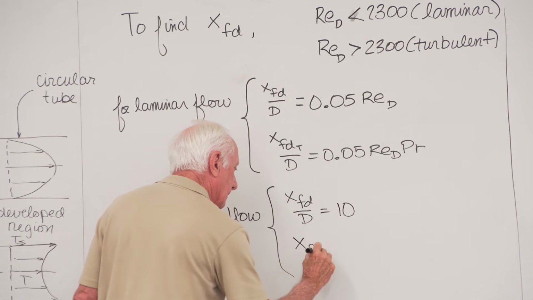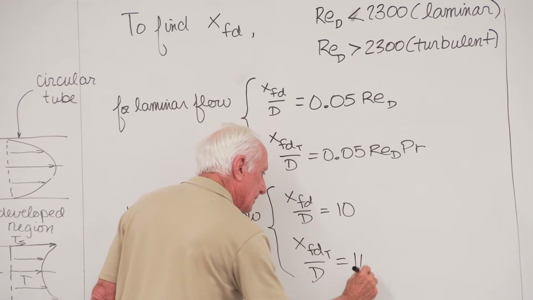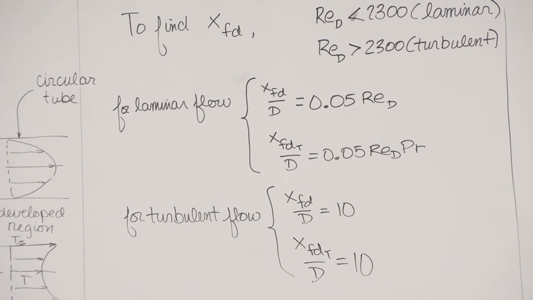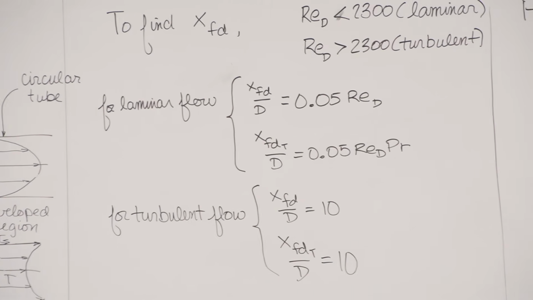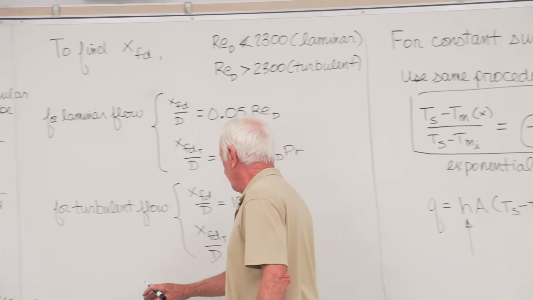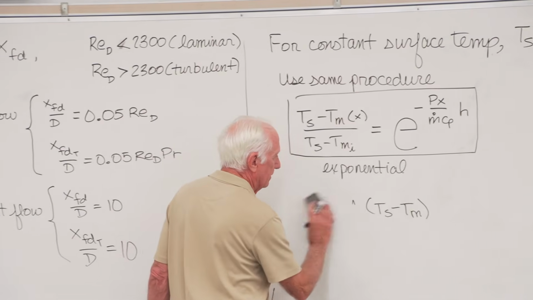X fully developed temperature over D, much easier because turbulent flow is so mixed up that there's no Reynolds number in there, there's no Prandtl number in there. The textbook says we're going to use the magic number 10 for both. So, same equation for both because of the nature of turbulent flow.